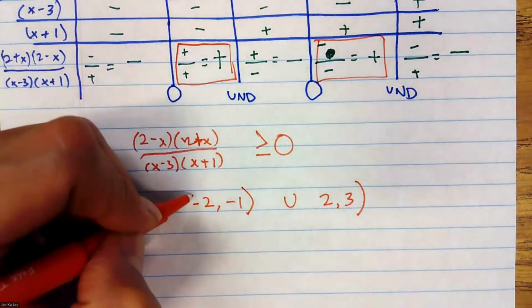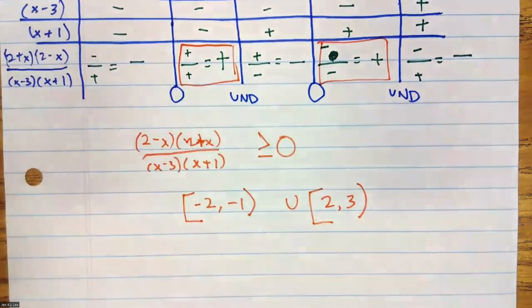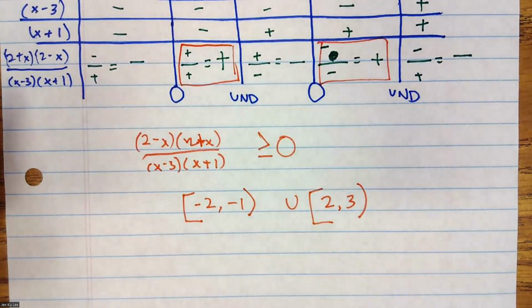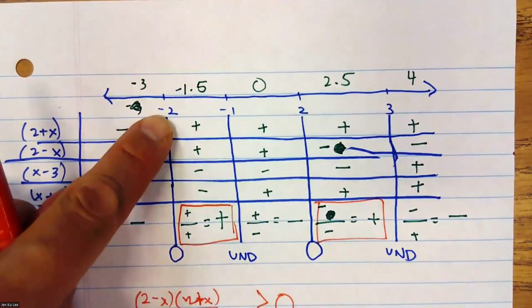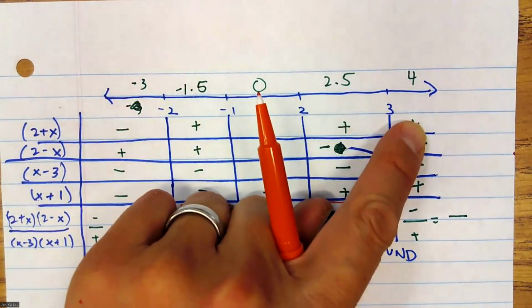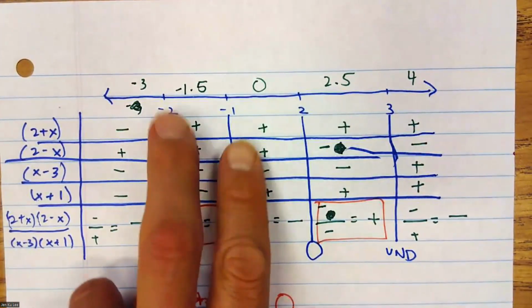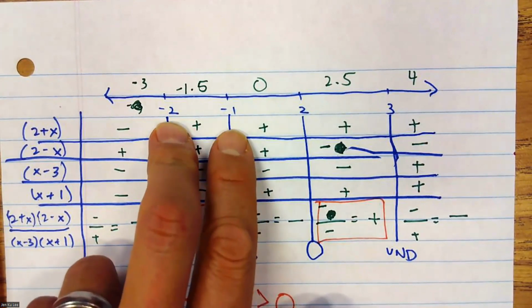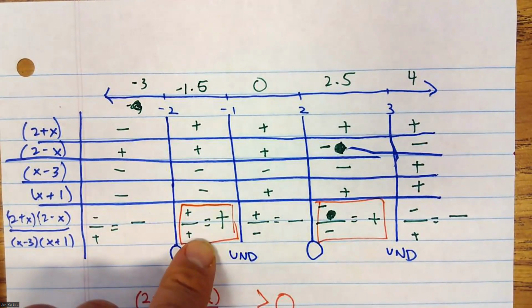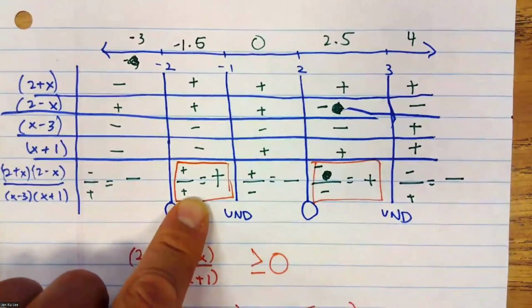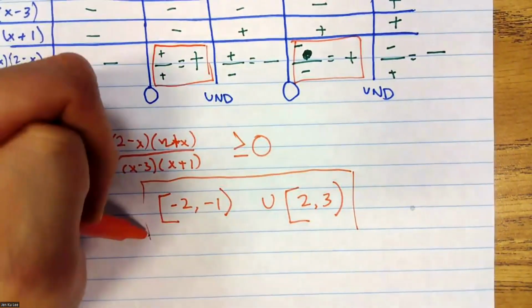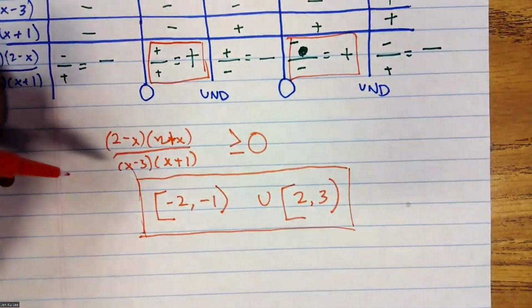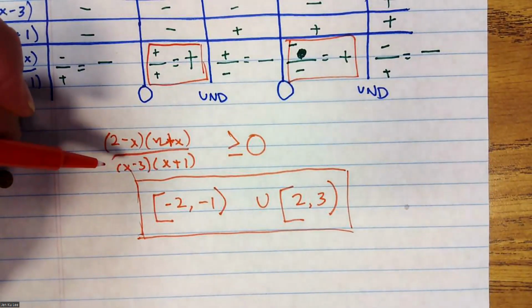Now, since they're equal to 0, these guys become brackets. 2 and -2. That make sense? Between these two numbers of -2 and -1, they're positive. So then this here is my solution.